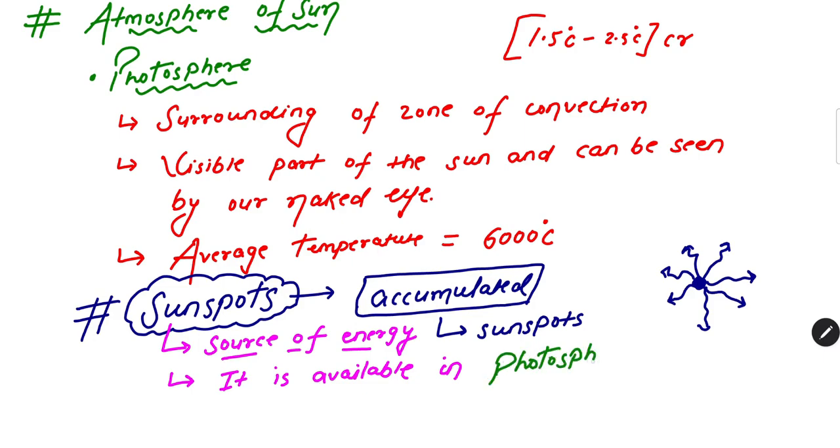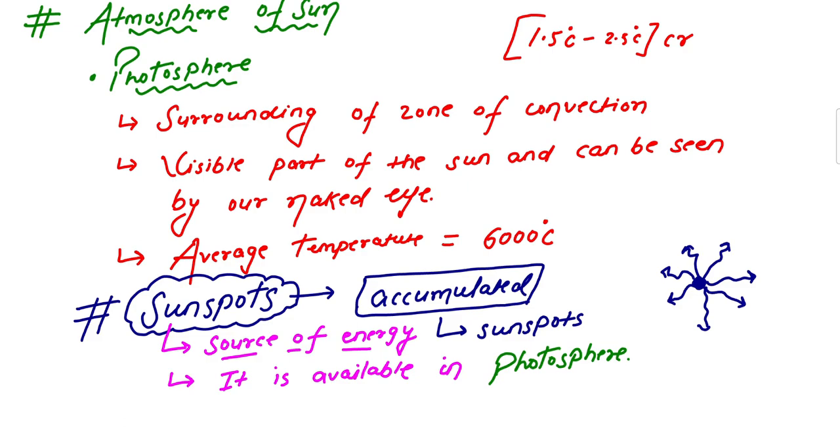Now, this question may come in the prelims, with four options, as an MCQ. It can also come in the mains, like: explain each and every layer of the sun, or give your comment on the structure of the sun.